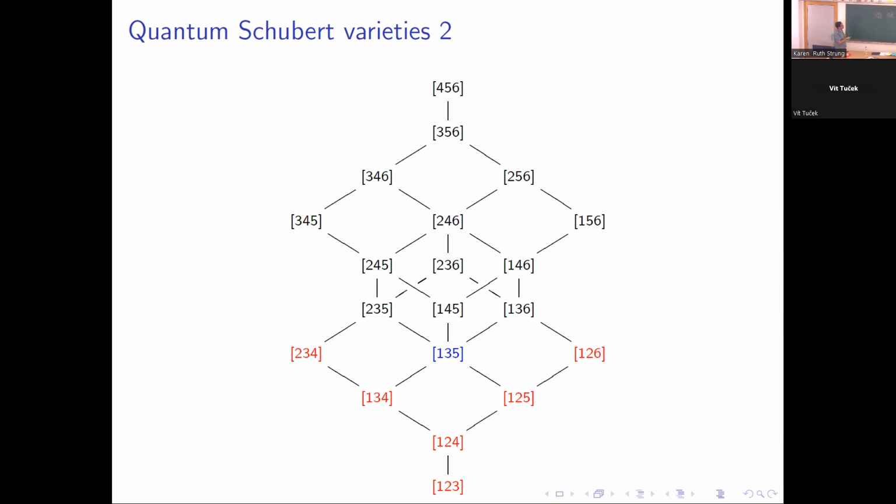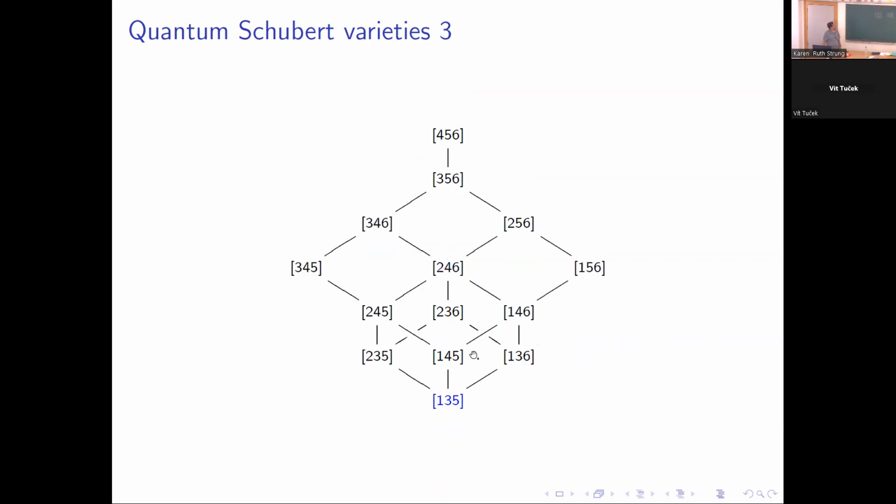So you can see that it contains all of this one because they are smaller, and these two because they are not comparable. Okay, so that's the Schubert ideal associated to 1, 3, 5. And then you can look at the quotient, and it's a nice algebra because I have a nice poset that looks like the previous one, and so I inherit the structure of a quantum algebra with a straightening law, so I have a nice linear basis for this quotient algebra as well.